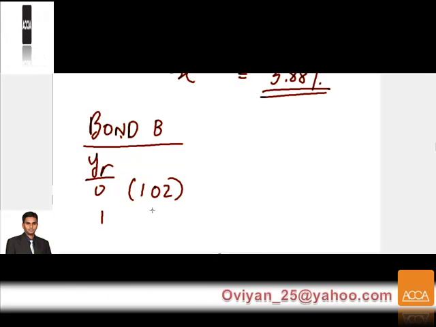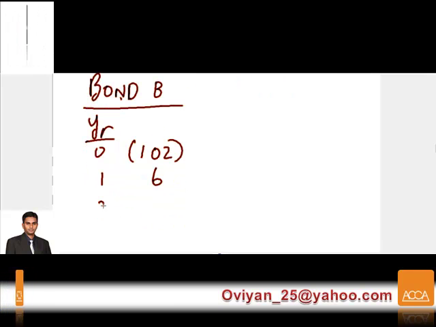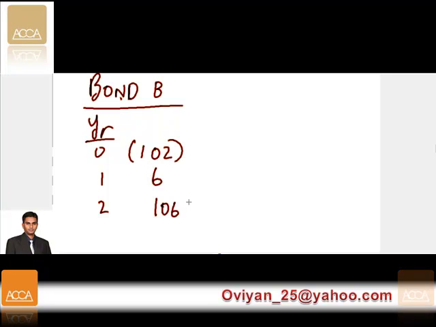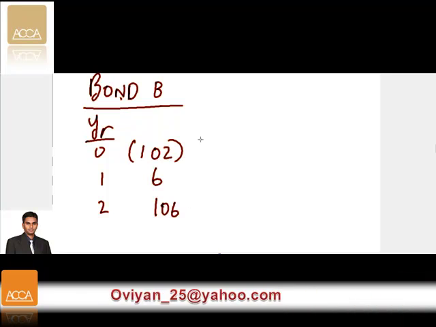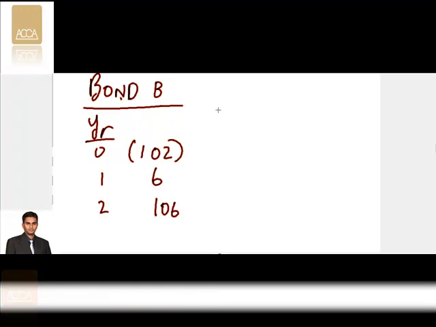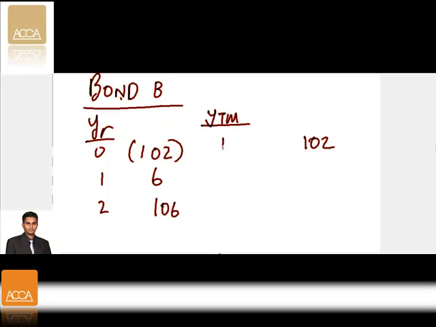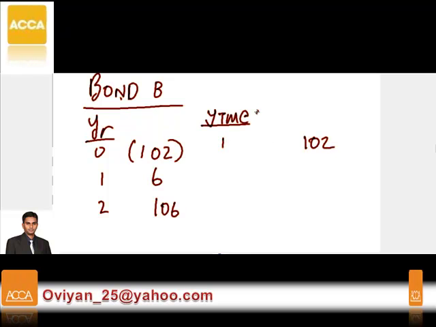Year 1, you will receive a coupon of 6. Year 2, you will receive 106 together with the redemption value. So this is going to be the yield curve. Now, this is obviously yield to maturity.